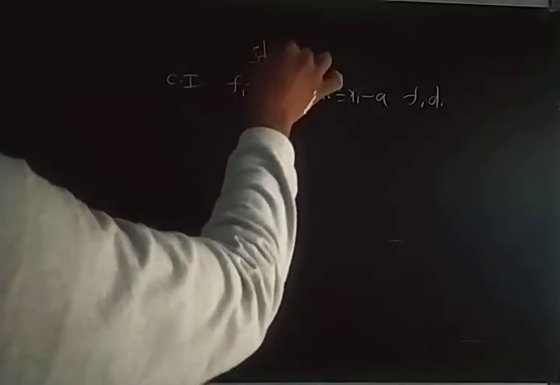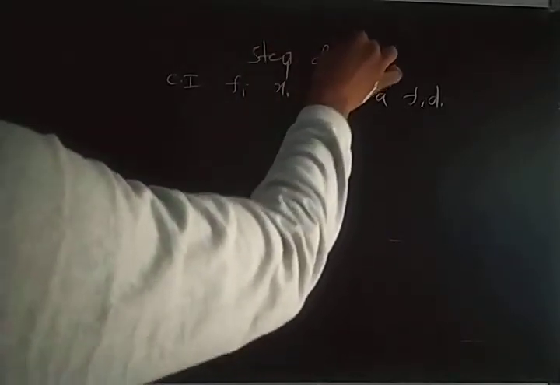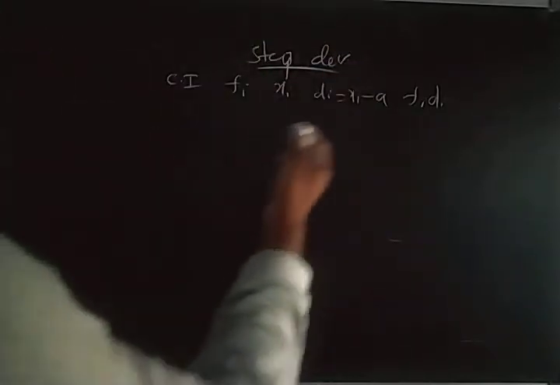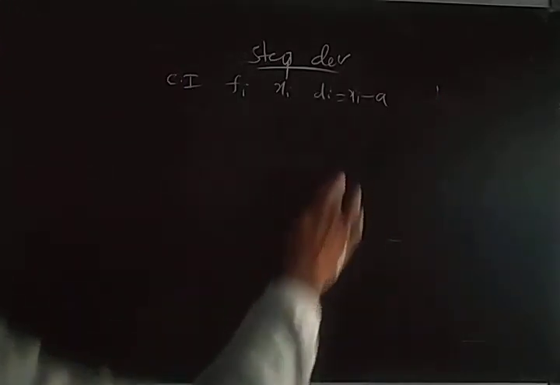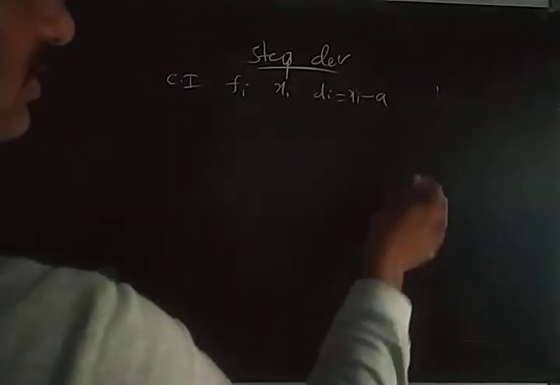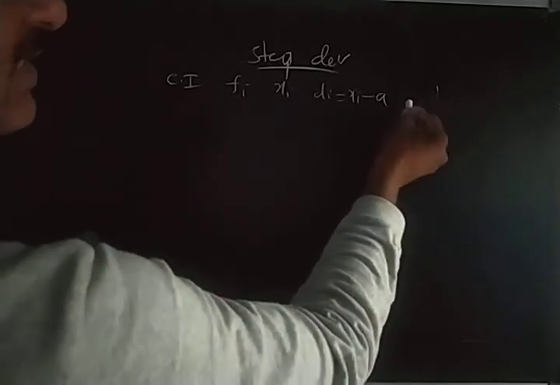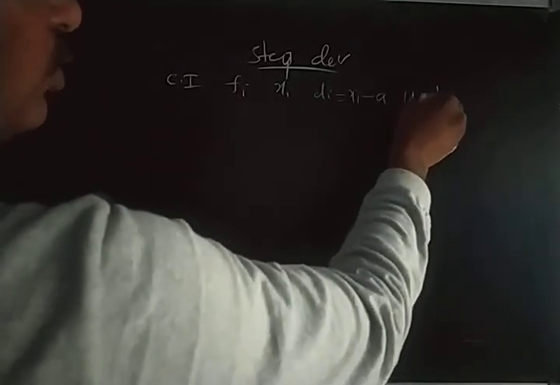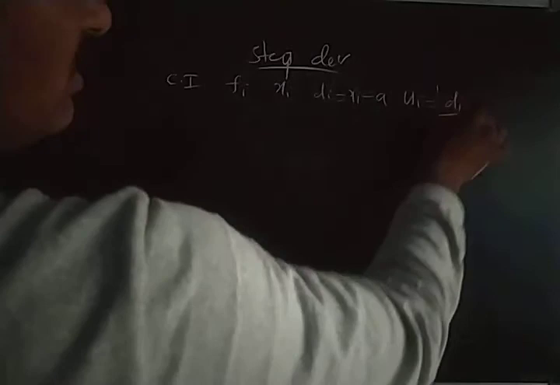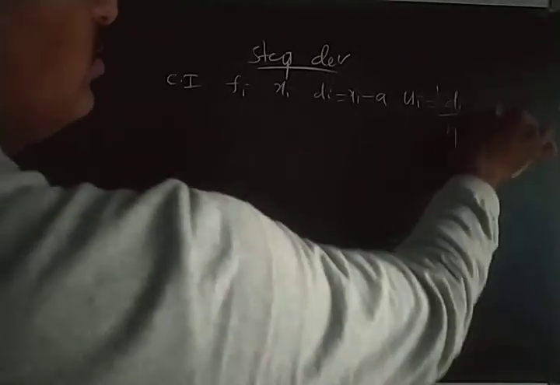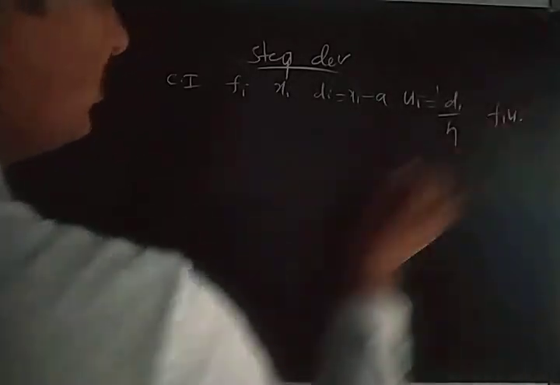For the step deviation method, you have to find di up to di. If the di values are multiples of some number, then take that number as the common multiple h. Then find ui by dividing all the di's by h. After getting ui, find the fi into ui column.